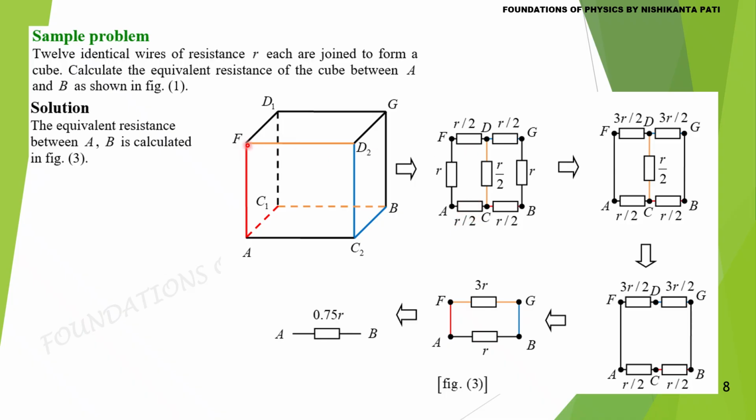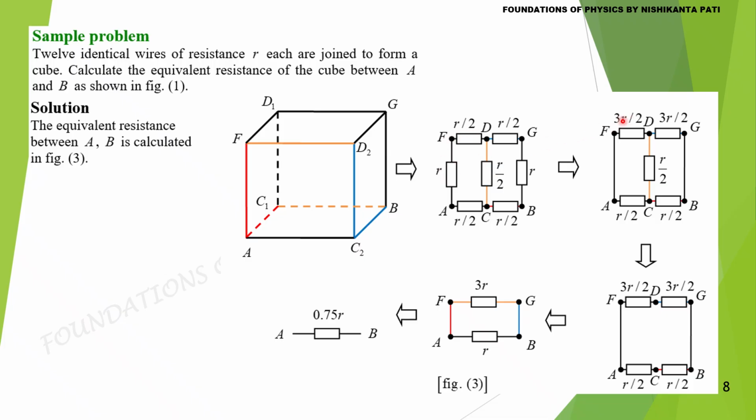Similarly, F to D is R by 2, D to G is R by 2, C to B is R by 2, then C to D is R by 2. So these R by 2 are in series.